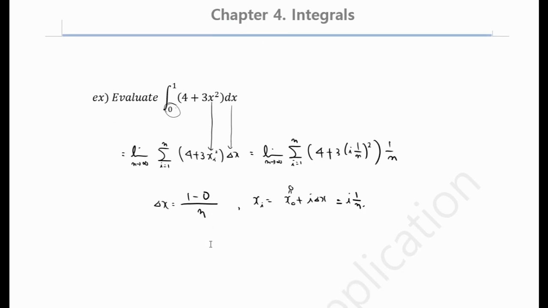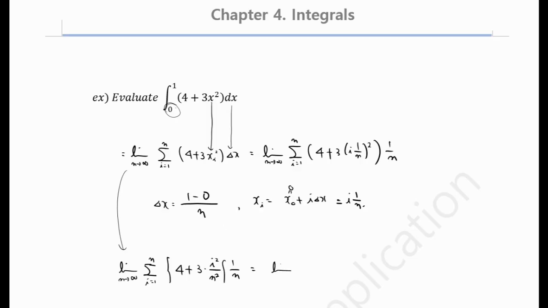So the Riemann sum is the limit as n approaches infinity, sigma from i equals 1 to n, of 4 plus 3 times i squared over n squared, times 1 over n.